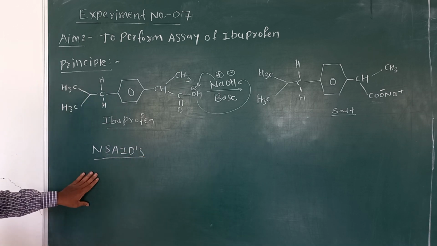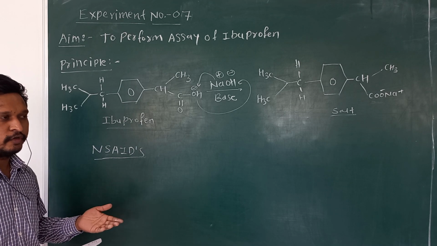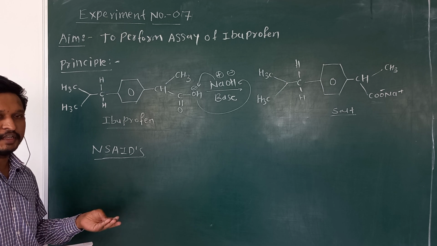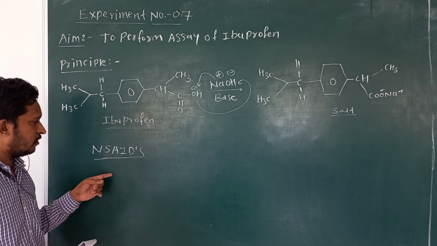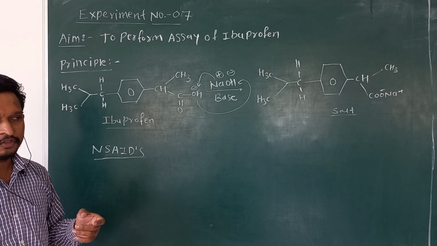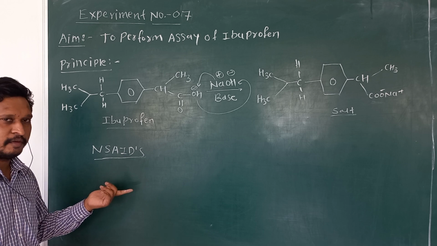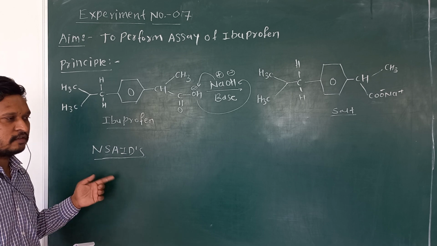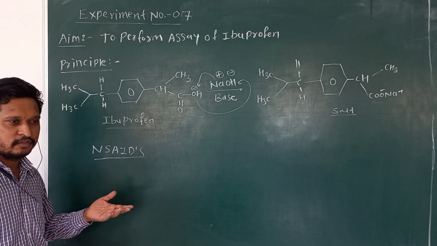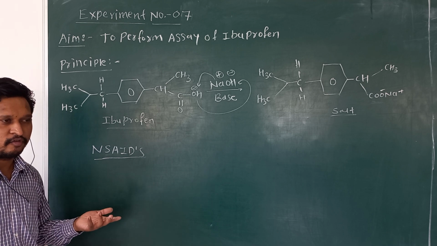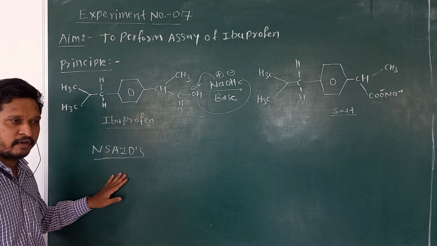NSAIDs are widely used to reduce pain, so they are used as analgesics. They are also used for the reduction of inflammation, as anti-inflammatory agents. They are also used as anticoagulants, which inhibit the coagulation of blood or platelet aggregation.